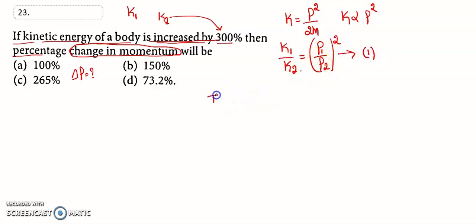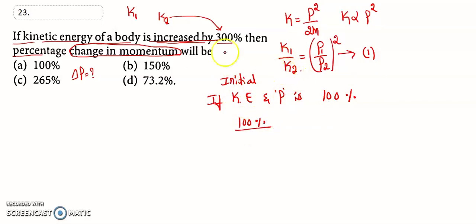However, if the initial kinetic energy and momentum is 100%, so initial kinetic energy is 100% divided by final kinetic energy.